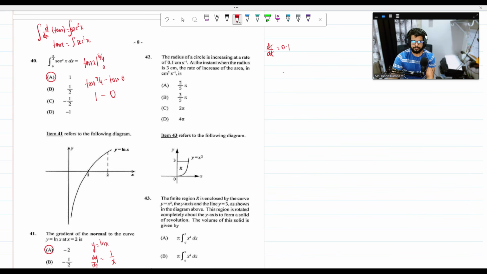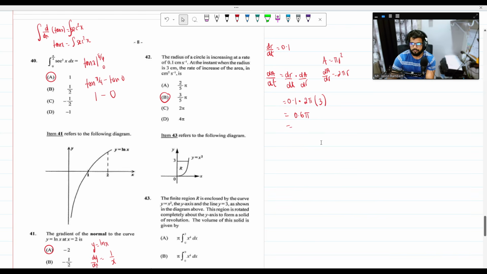When the radius is 3, the rate of increase of the area, dA dt, is dr dt multiplied by dA dr. Well, A is equal to pi r squared, dA dr is 2 pi r. 0.1 multiplied by 2 pi, and when the radius is 3, 3 2s are 6. 6 by 0.1 is 0.6 pi. And 0.6 is 3/5, yes. 3/5 pi.